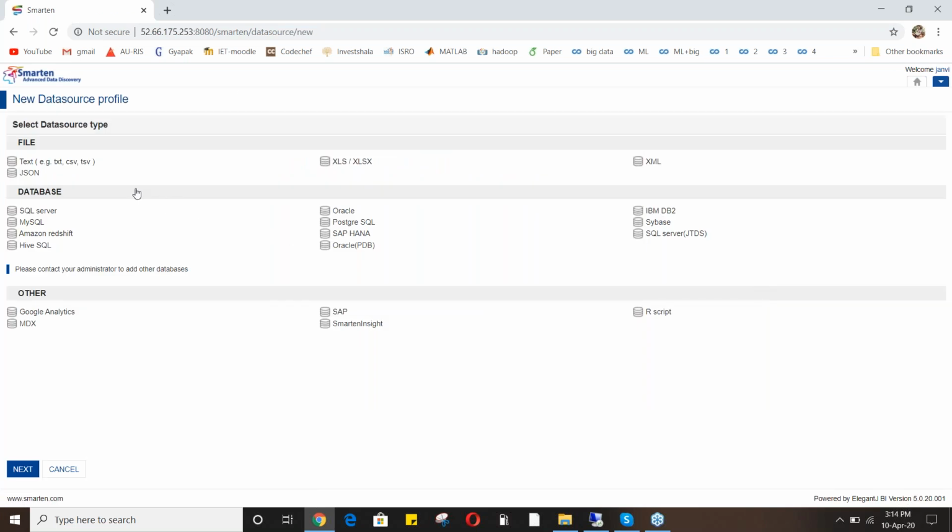In our product Smarten, we can enter data in the form of CSV file, Excel, XML, and many other formats, database formats like SQL, MySQL, and we can also insert data directly from SAP and Google Analytics. Also, we can directly import R scripts.